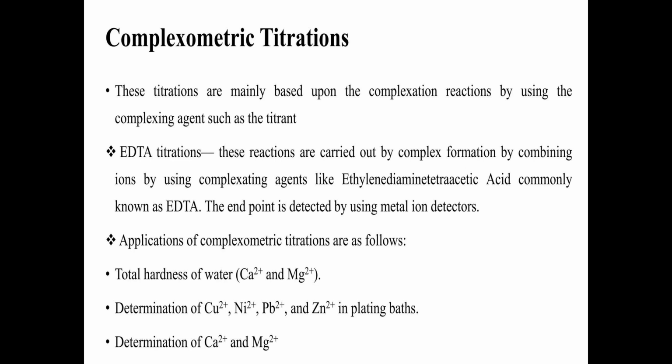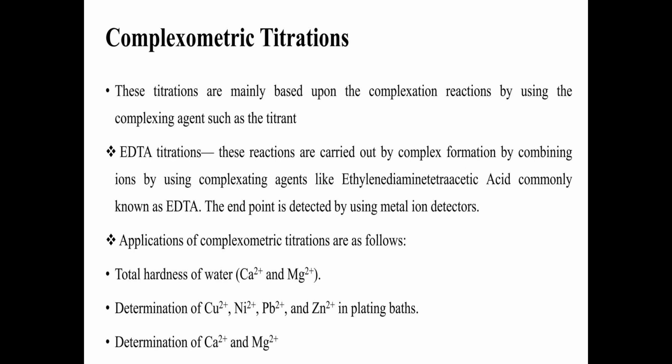Our next type of titrimetric method is complexometric titration. These titrations are based upon a complexation reaction by using a complexing agent as a titrant. EDTA titration: these reactions are carried out by a complex formation reaction by combining ions using a complexing agent like ethylene diamine tetraacetic acid, that is EDTA, and the end point is detected by using a metal ion indicator.